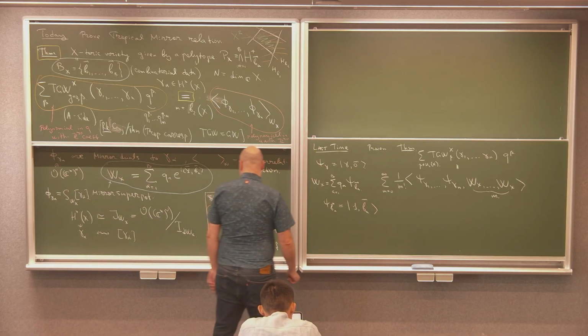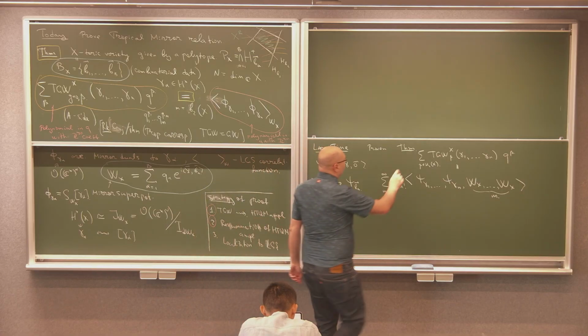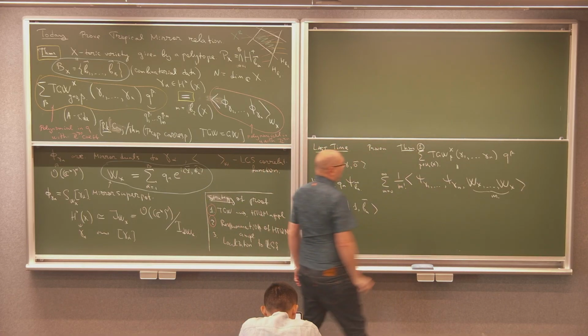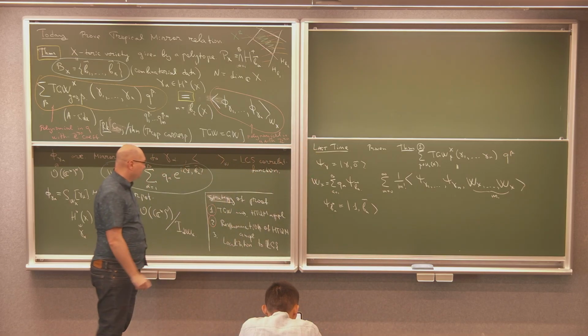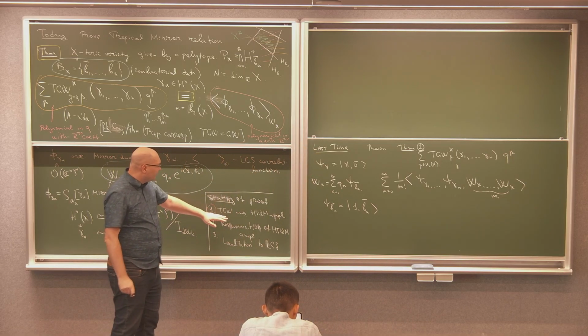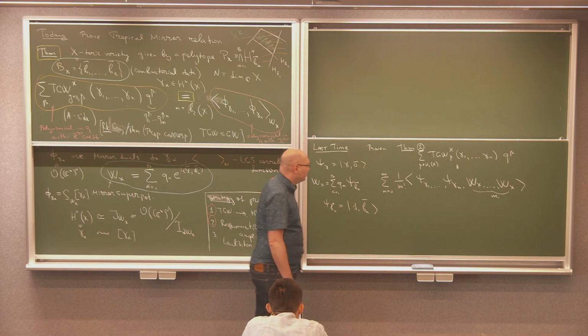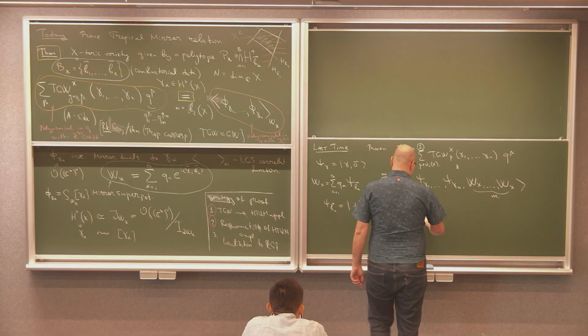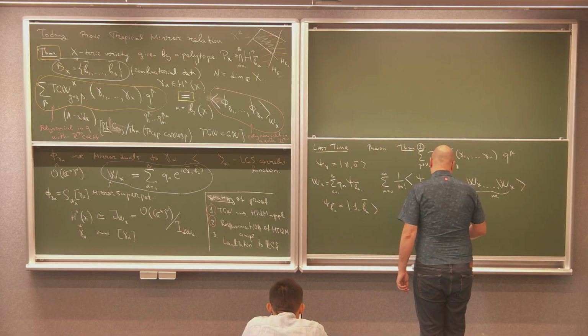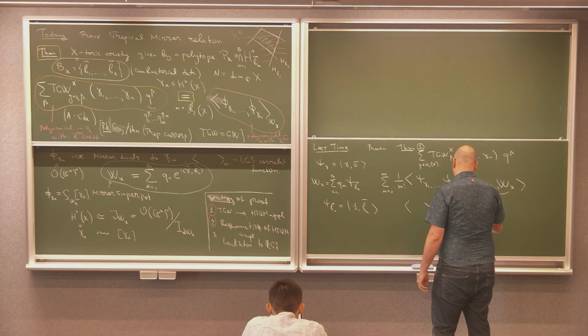So that was essentially what we call theorem 1, which is a relation re-expressing tropical Gromov-Witten invariants in terms of HGKM amplitudes. So these brackets were essentially a summation over some amplitudes.